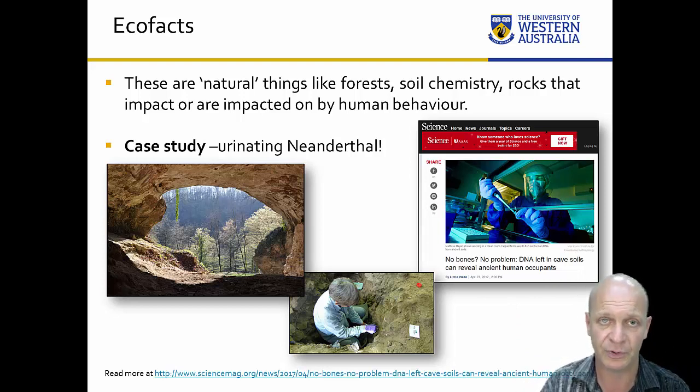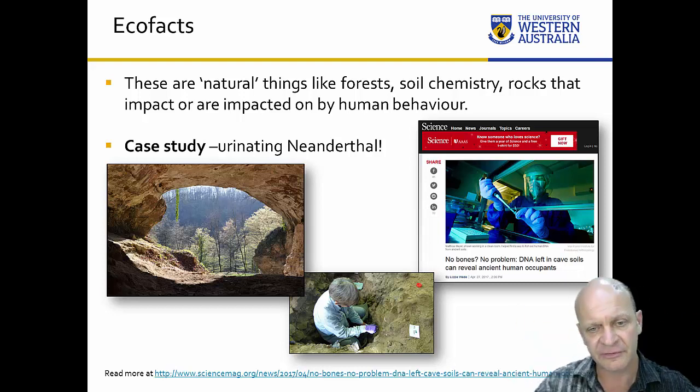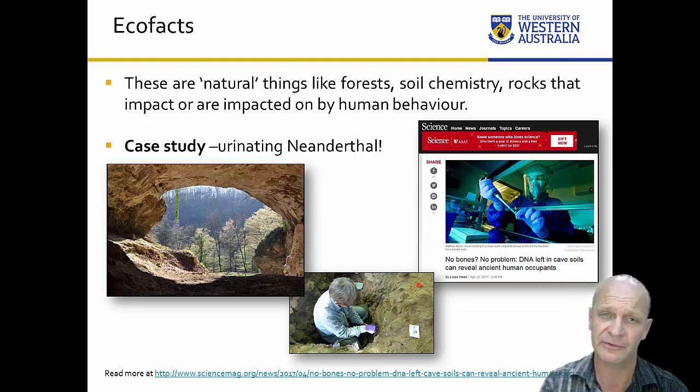So record keeping, the second part of this lecture, is incredibly important. You have to be as precise as you can, and you have to recover as much information as you can. So one thing archaeologists do, from every stratigraphic layer we excavate, we retain a soil sample. We take a bulk soil sample, because in there are ecofacts like pollens.